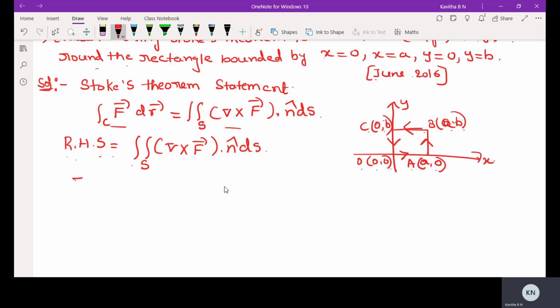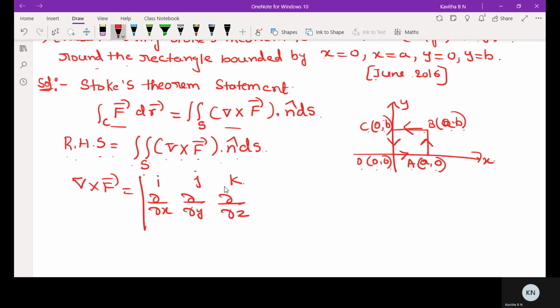RHS is equal to the integral over S of nabla cross F vector dot n cap dS. Then write down nabla cross F vector is equal to the determinant with i, j, k, then del by del x, del by del y, del by del z.